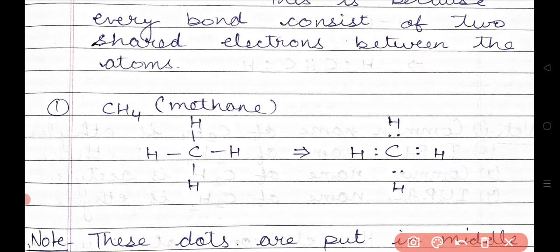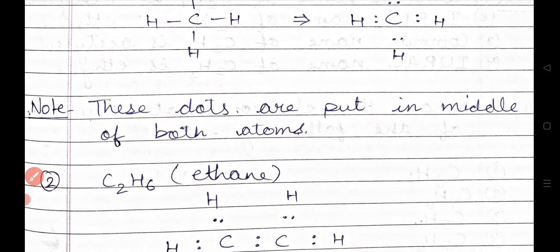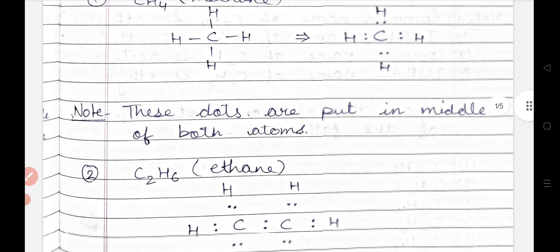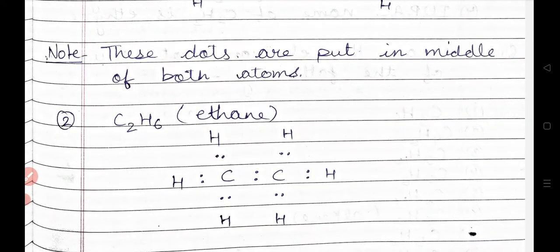For one single bond two dots are represented here, for another single bond two dots are represented here, and similarly at all positions. These dots are put in the middle of both atoms because the electronegativity difference between the two atoms is almost negligible.